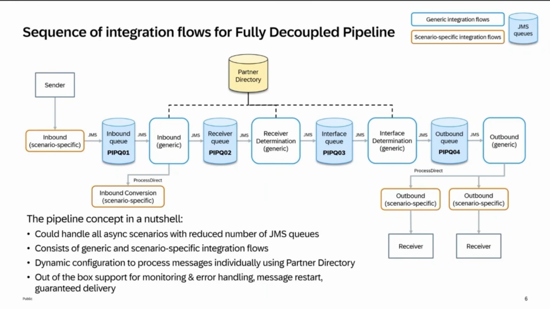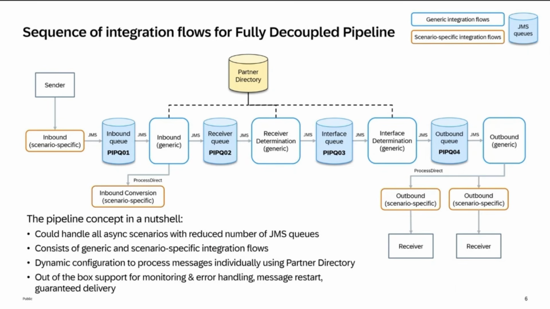In the generic flows, the partner directory is read to determine the path or which mapping is used, or to run the XPath conditions to determine the receiver, right? And with this, you are able to reduce the number of JMS queues to a minimum, right?